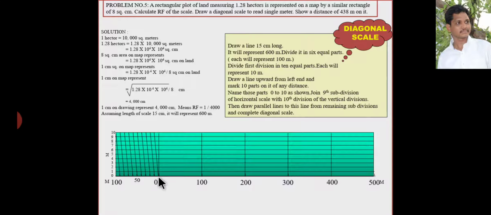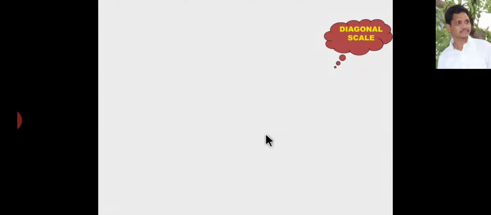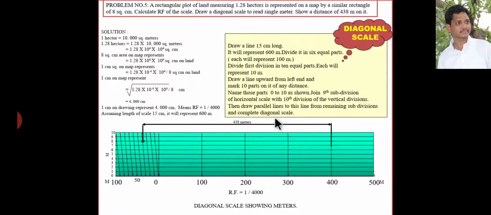So for 0, 10, 20, 30 meters and 8 meters. So this is the 38 meters. From here to here the value is 38, and from here to here the value is 400. So the total value is 438 meters. So this is 438 meters.